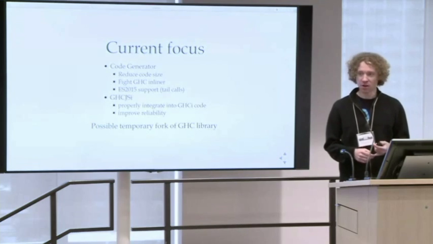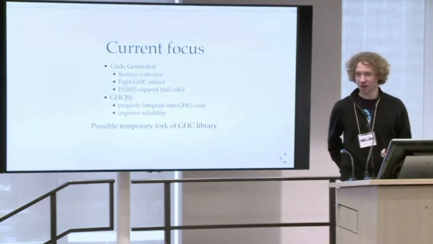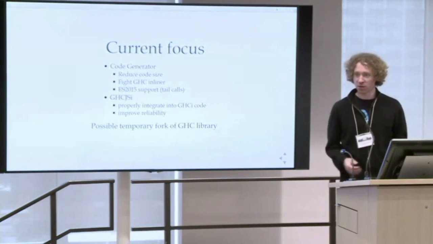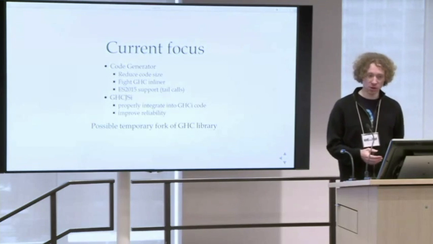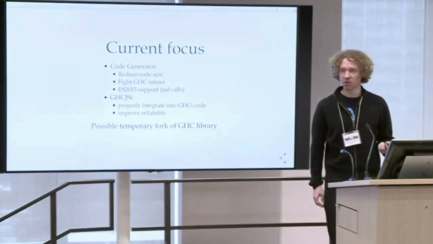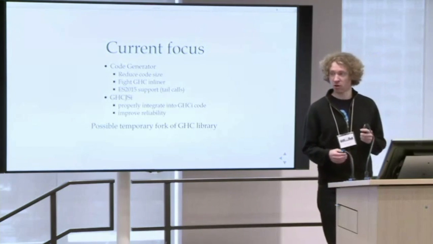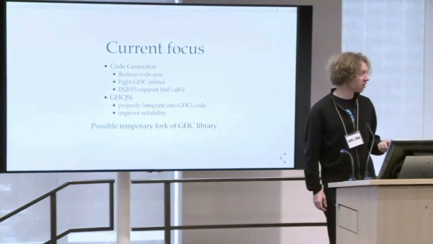And I'm trying to figure out a better way to get rid of a bit of that duplication, and at the same time replace the intermediate language that GHCJS does its own optimization on, to make the optimizer a bit more effective.